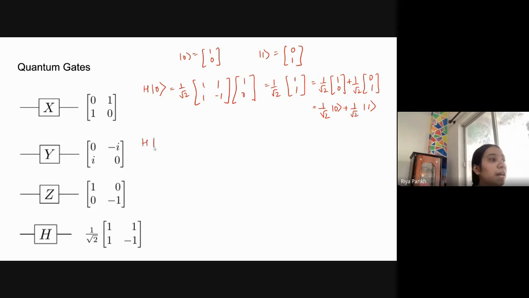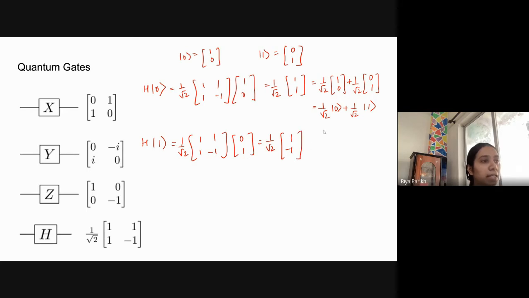What happens if we apply the Hadamard gate to state 1? Let us see. Writing the matrix of Hadamard and doing the matrix multiplication, separating 1 and minus 1, we get 1 over root 2 state 0 minus 1 over root 2 state 1.